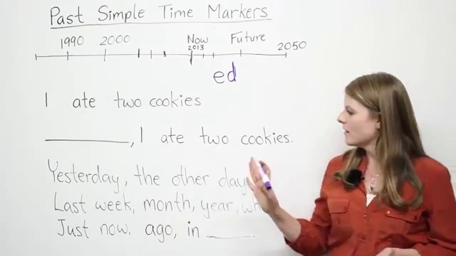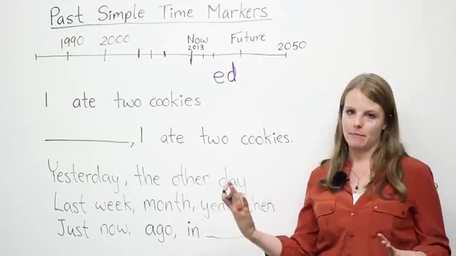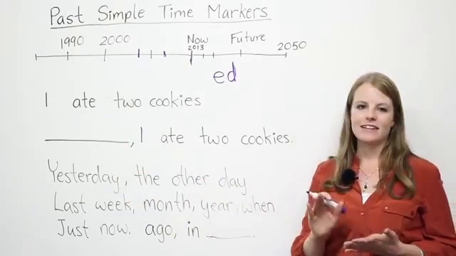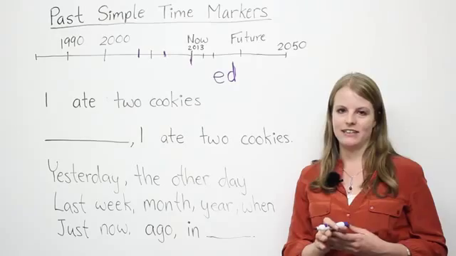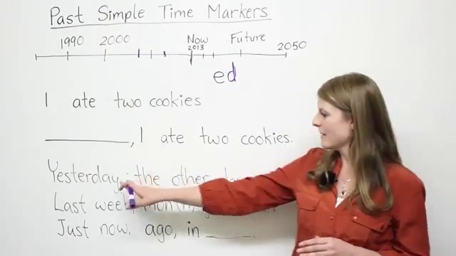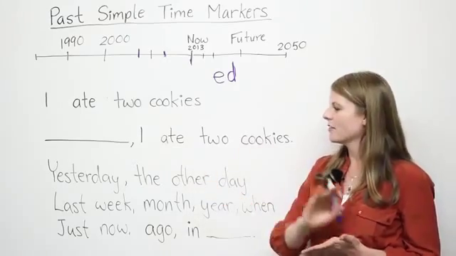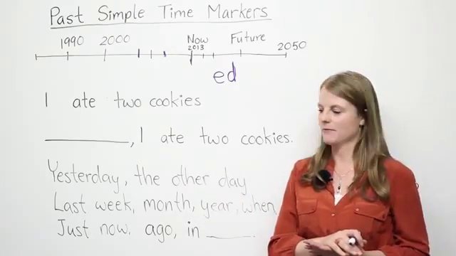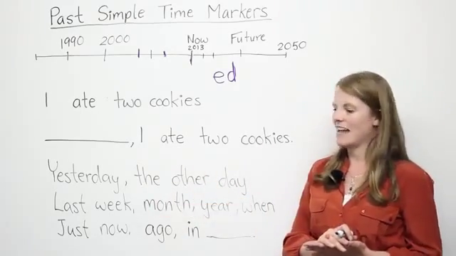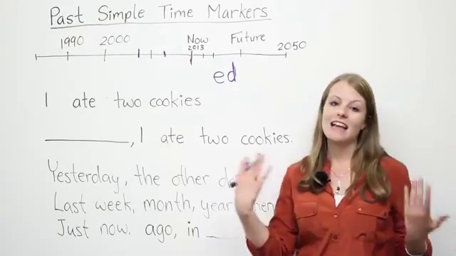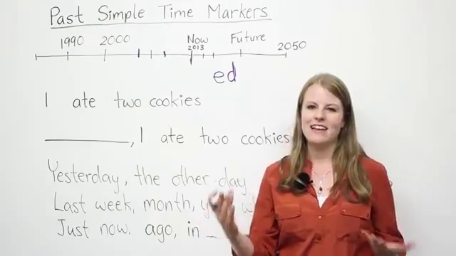Okay, so let's do some examples. I could put yesterday here. Yesterday, I ate 2 cookies. The other day, I ate 2 cookies. Last week, I ate 2 cookies. Last month, I ate 2 cookies. Last year, I ate 2 cookies.